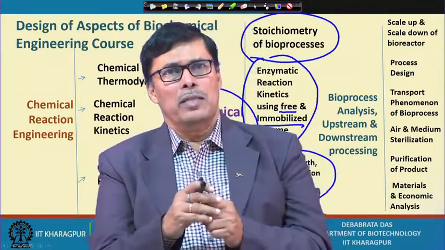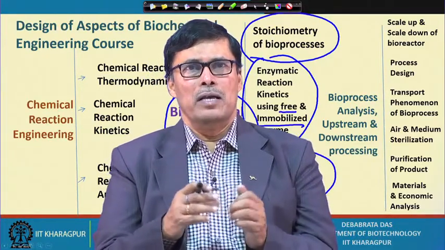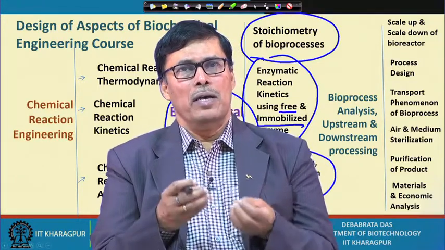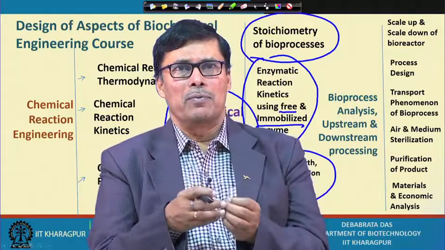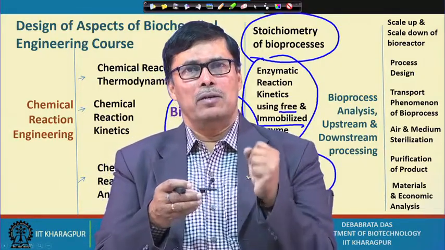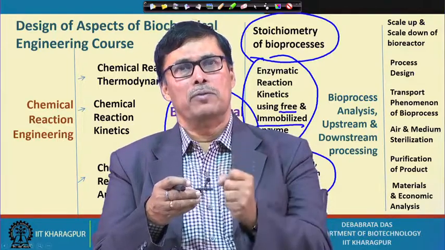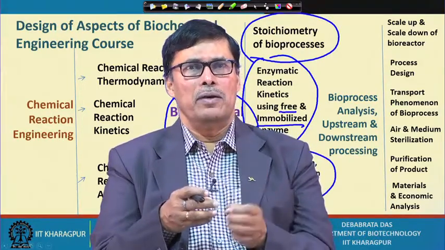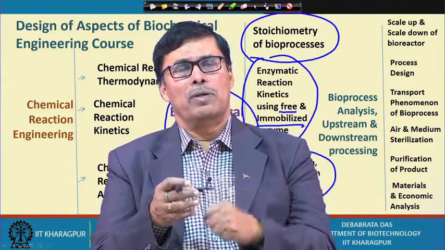I told you that the major advantage of the biological or biochemical process is that from the same substrate we can produce any number of products. I have given the example that sugar can be converted to acetic acid, citric acid, or lactic acid.